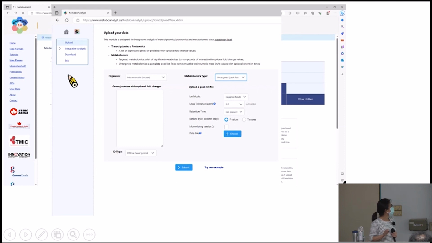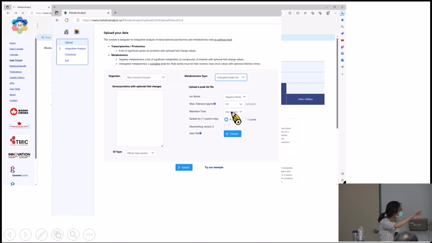Basically, this module tries to integrate your metabolite data with transcriptomics data or proteomics data. You can see that in this column you can upload your genes, which means the transcriptomics data, or you can upload your proteins, which is proteomics data.